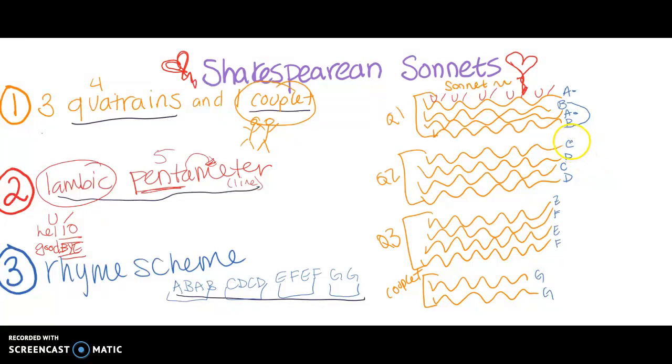Same with quatrain 2. The first line rhymes with the 3rd line, and the second line rhymes with the last line. This E line will rhyme with this E line, and the F line will rhyme with the F line. And the 2 lines in the couplet, we use the same letter to represent that they rhyme with each other.